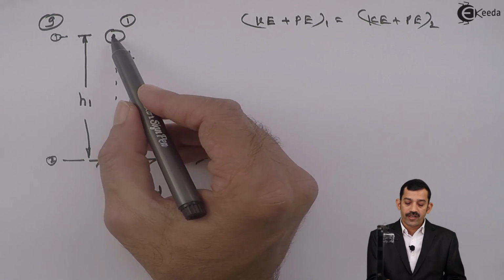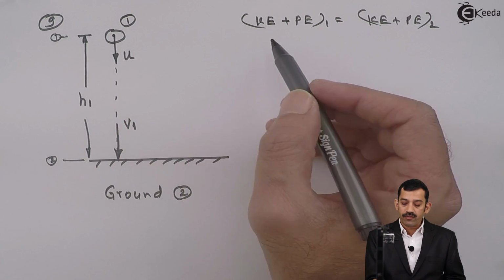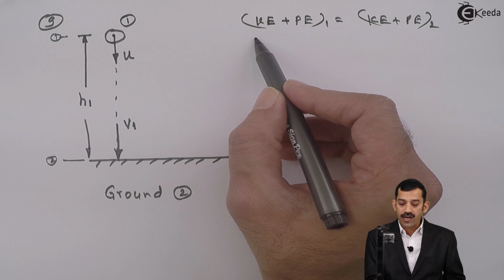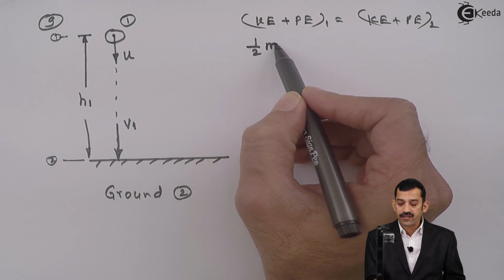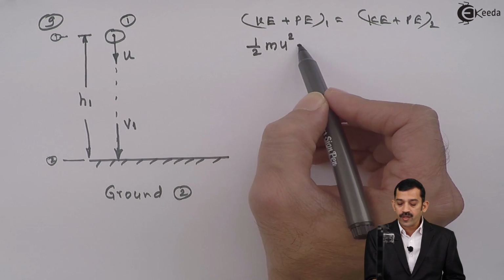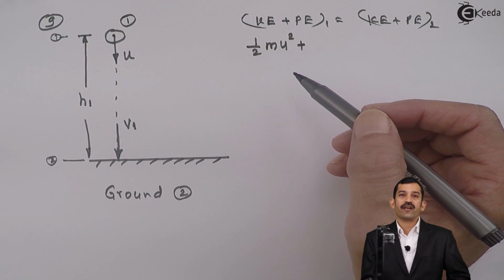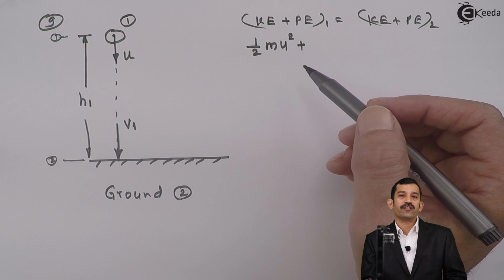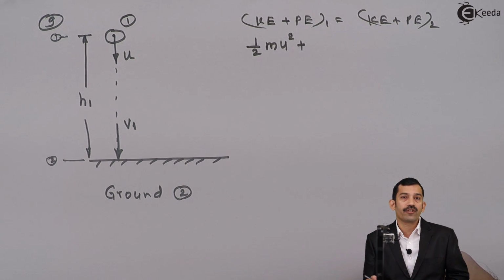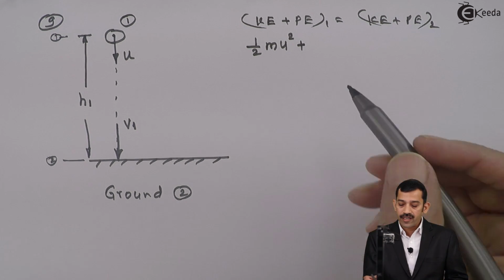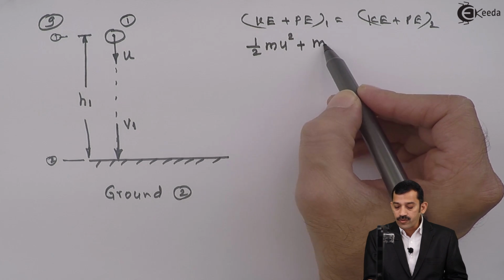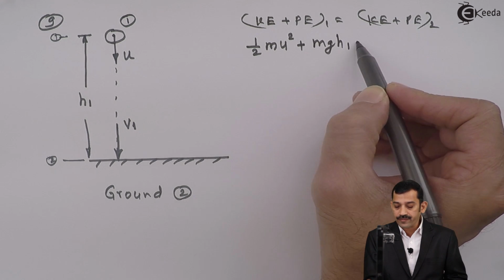At position 1, the kinetic energy, as u is given, is half m u square. Potential energy at position 1 is due to its height. Potential energy is always the energy possessed by a body by virtue of its height, so this potential energy is m g h1.